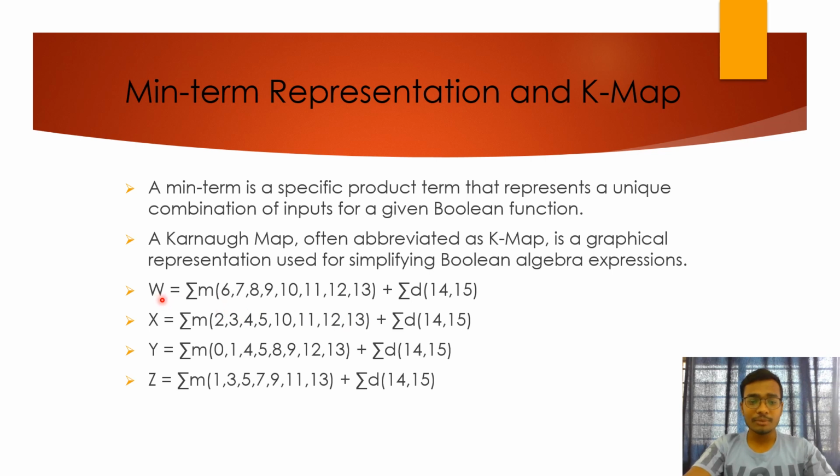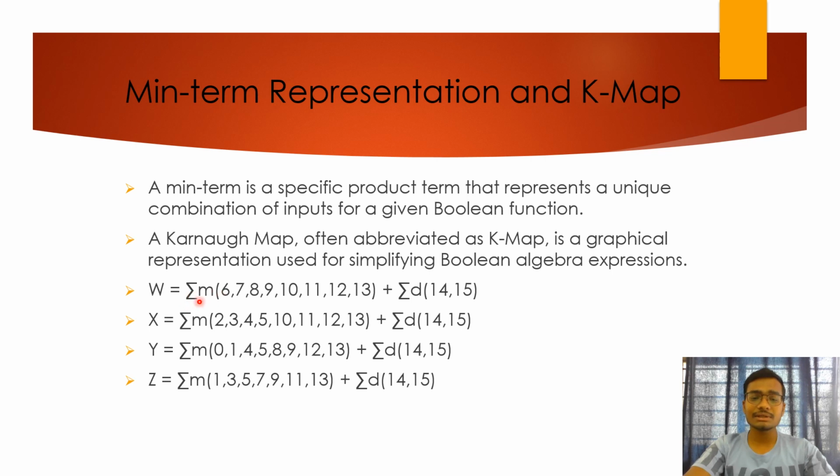So for W at positions 6, 7, 8, 9, 10, 11, 12 and 13, we have the output as 1. Those terms are considered the required min-terms, and 14 and 15 are considered don't care conditions. As I told, don't care means the value X can take 0 or 1. So we are including them here.